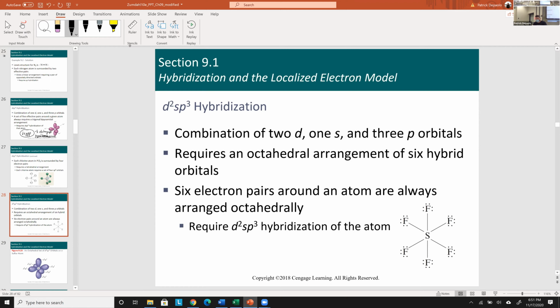So d2sp3 is going to be 1d, 2d, s, 3 p's. That means a total of 6 letters, which means 6 electron groups. And that means you are an octahedral electron geometry. And SF6 is a good example of that.